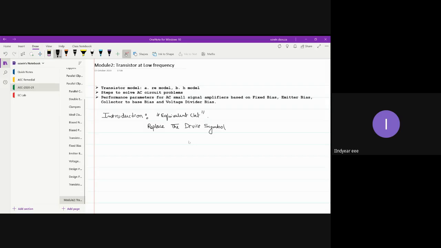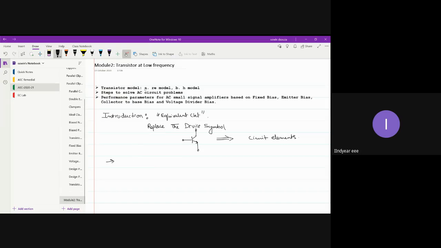Since we are dealing with transistors, we are going to replace the transistor symbol with some wisely chosen circuit elements. The connection of these elements mimics the exact working of the device. This is what is known as an equivalent circuit.